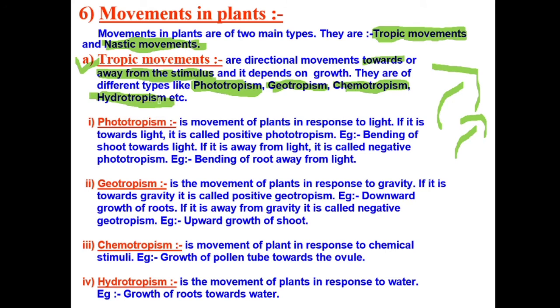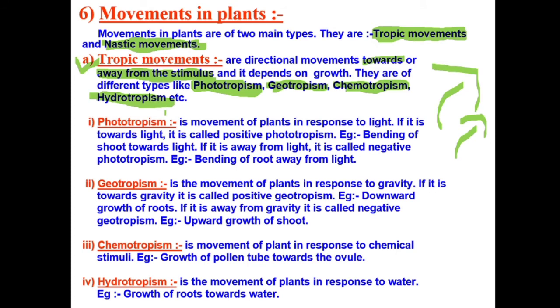Means when the plant is moving towards light or away from light, we will call it phototropism. When it is moving towards gravity or away from gravity, we will call it geotropism. When it is moving towards a chemical or away from a chemical, we will call it chemotropism. When it is moving towards water or away from water, we will call it hydrotropism.